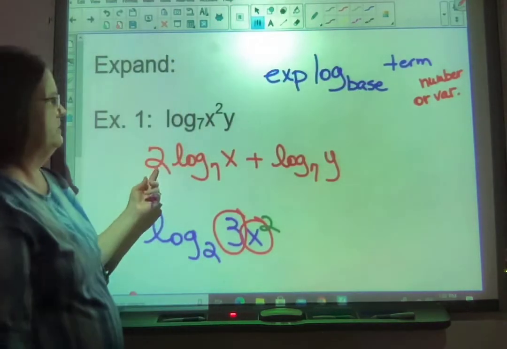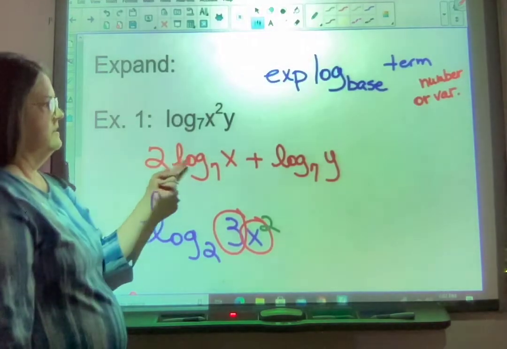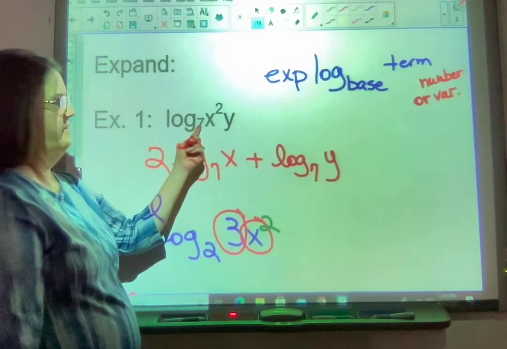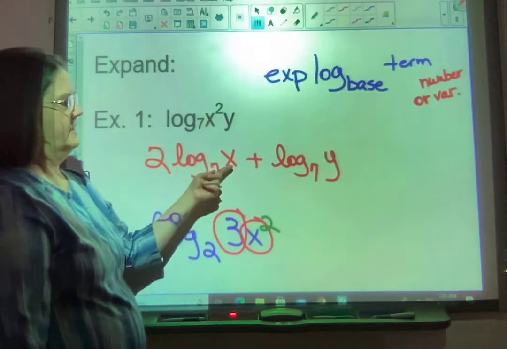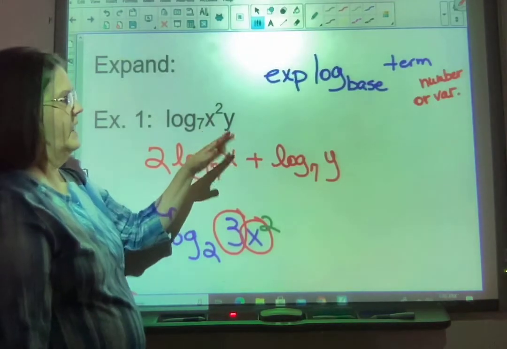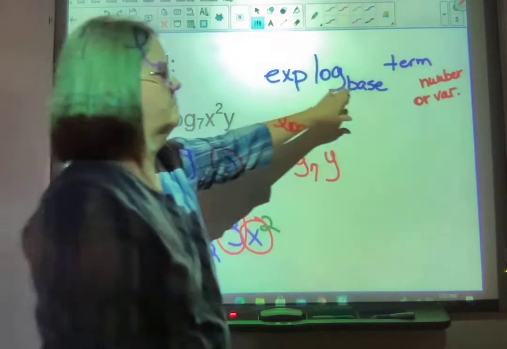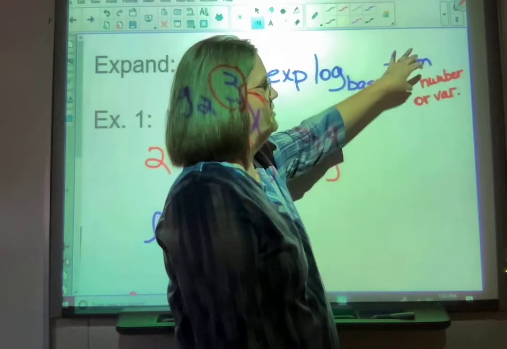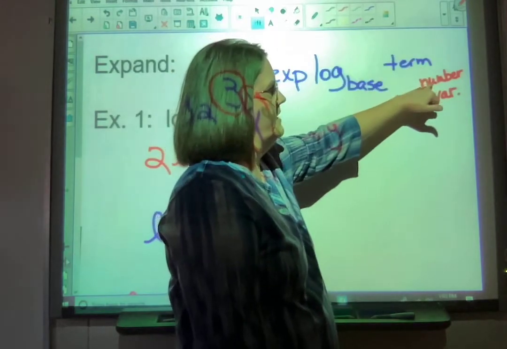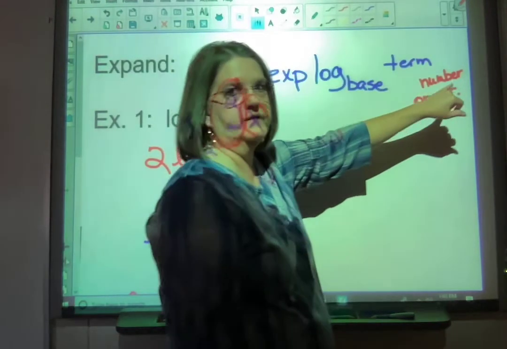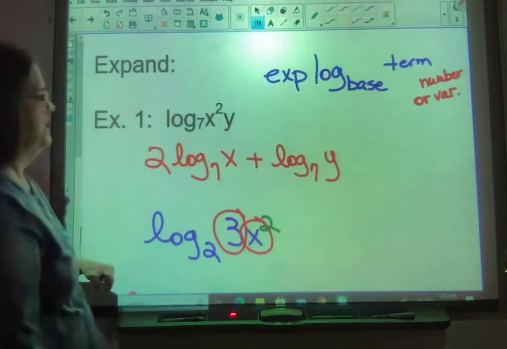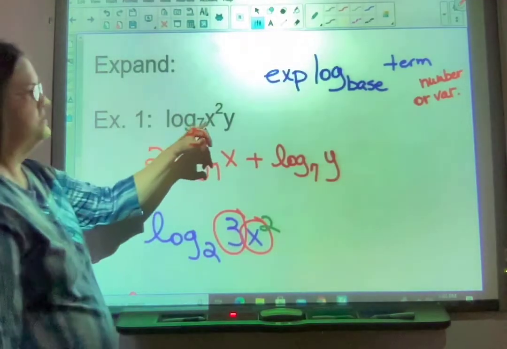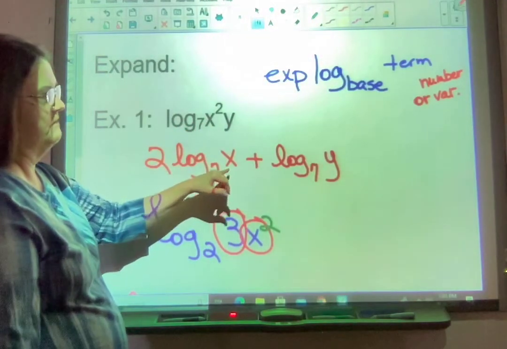So the exponent, which is 2 right here, then the log, then the base of 7, and then x. So for that term, I'm writing exponent, log, base, term. Now the term is either going to be a number or a variable. It's never both. Here, since both of these are variables, you're going to be using variables.